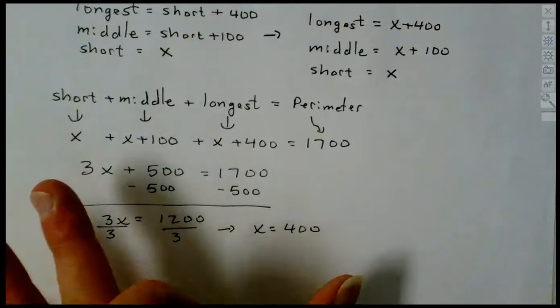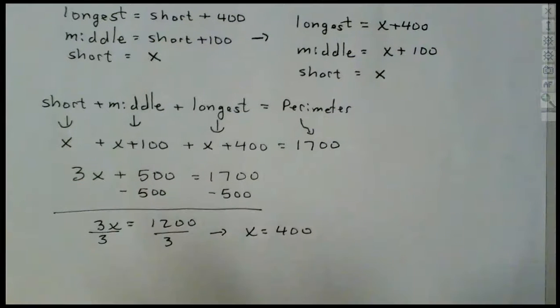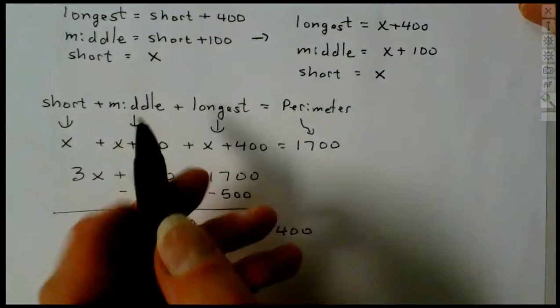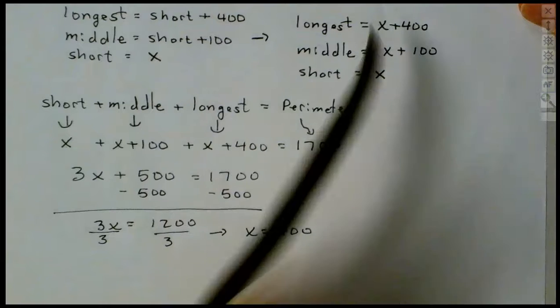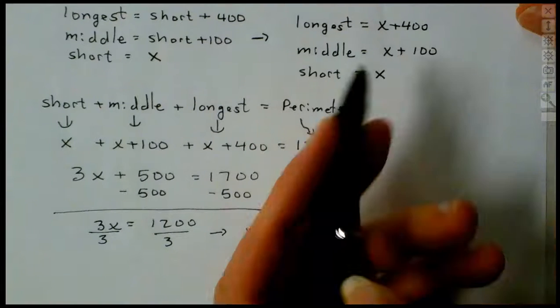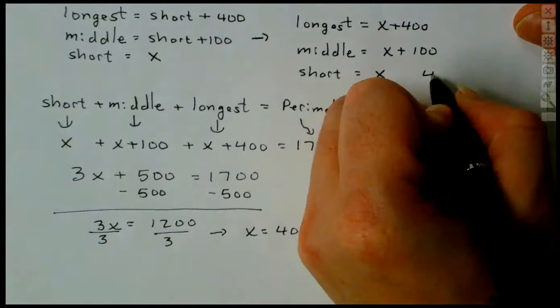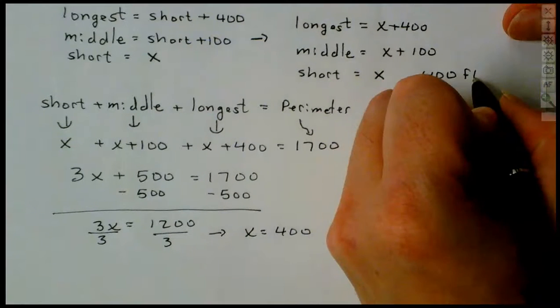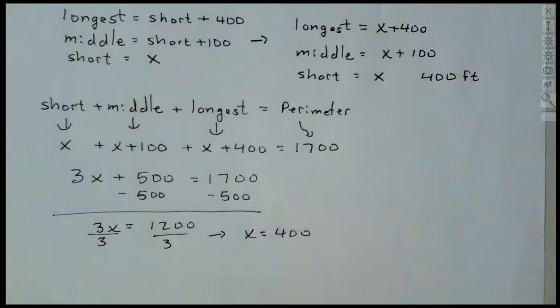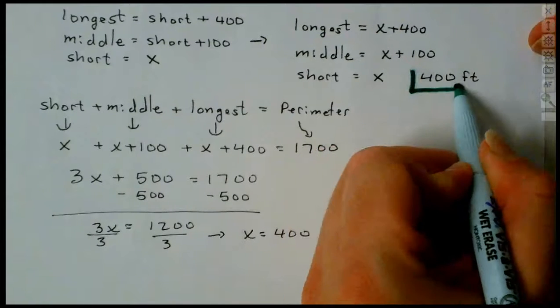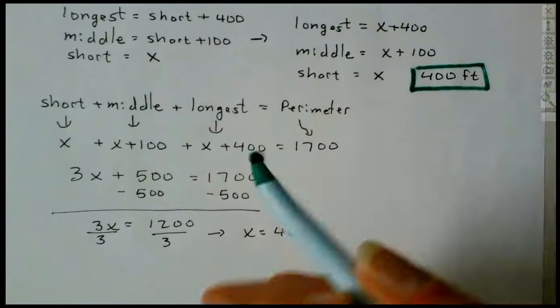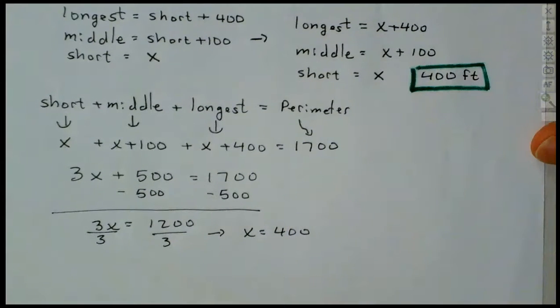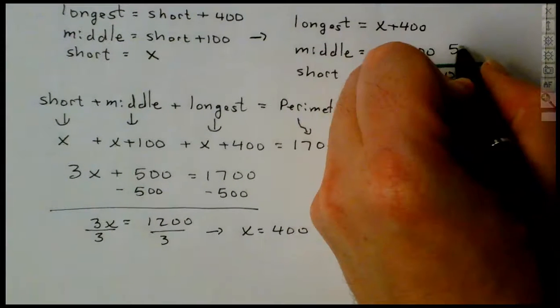Now, is that our final answer? No, we've got to go back. We've got to fill it in. So when I fill it in, okay, our first one, shortest side is x, so that's going to be 400. And what do they use for the measurements? Feet. So that first one is going to be 400 feet. That's your shortest side. We add 100, and that makes the next one 500 feet.